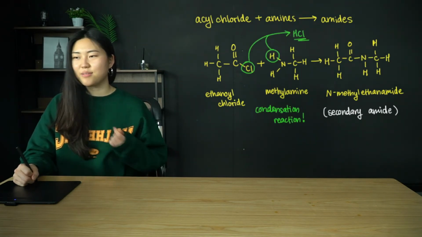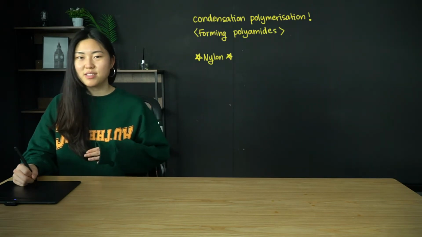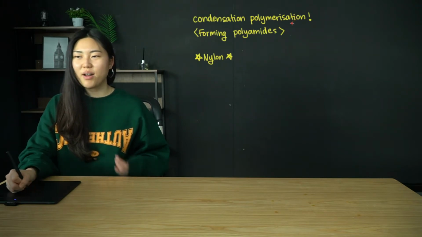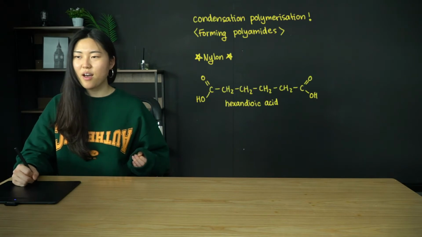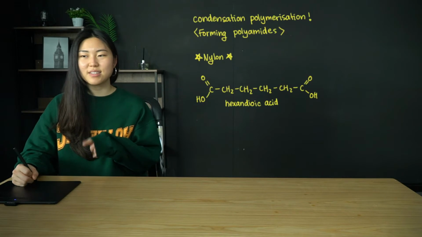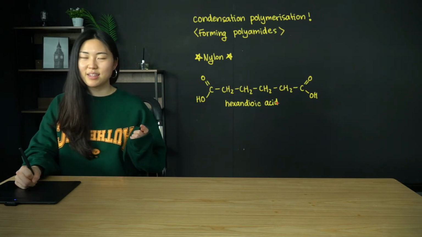Again, a condensation reaction. Now that we know condensation reactions, we're going to look at the polymers. For condensation polymers, we have nylon first of all. One of the reactants that we need to make nylon is hexanedioic acid.